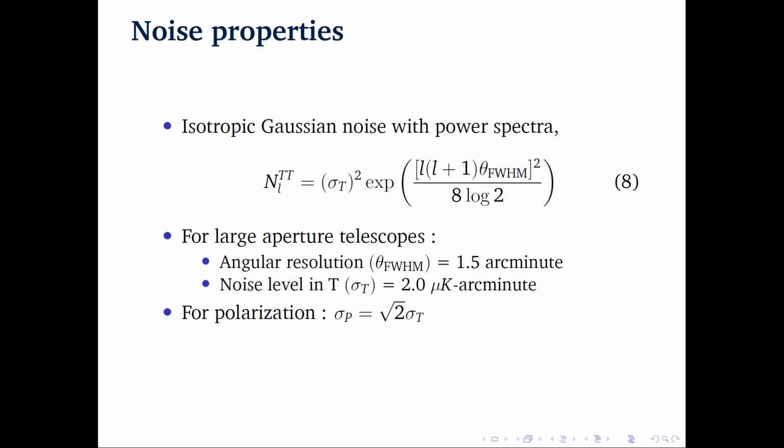So this is a 1.5 arc-minute FWHM, and the noise level for temperature I use is 2.0 microkelvin arc-minute. And for polarization, you can just multiply the noise level of temperature by √2. So this is the noise property I use.